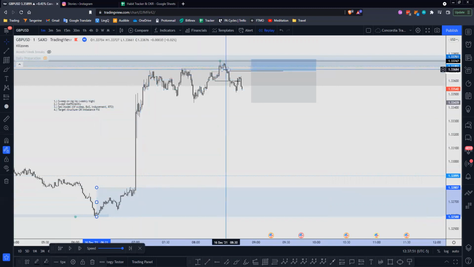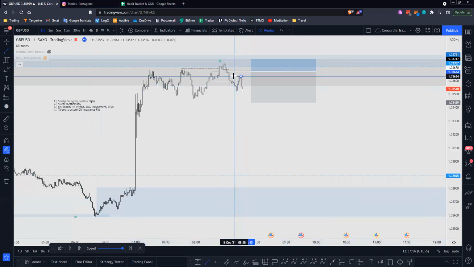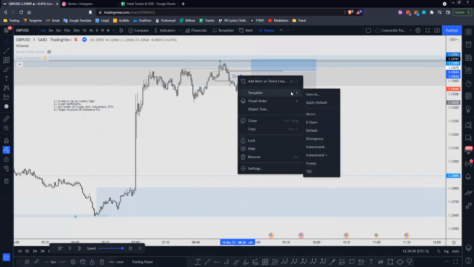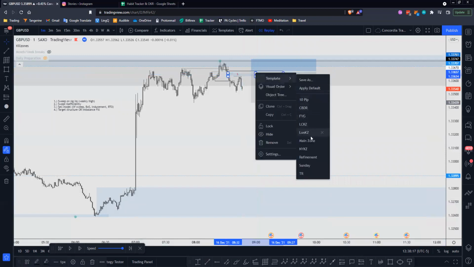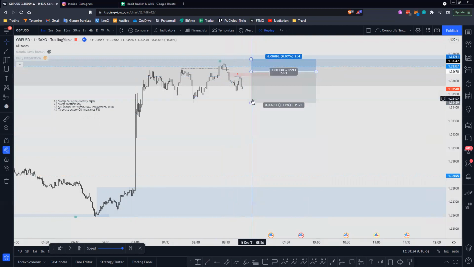And then we had that sweep on liquidity, that break in structure, this inducement right here. Okay, inducement right here. Oh, didn't save there. Okay, and then we have this imbalance. What's left of this imbalance right here? Right there. Okay, cool. So now we have everything that we need to take this trade.